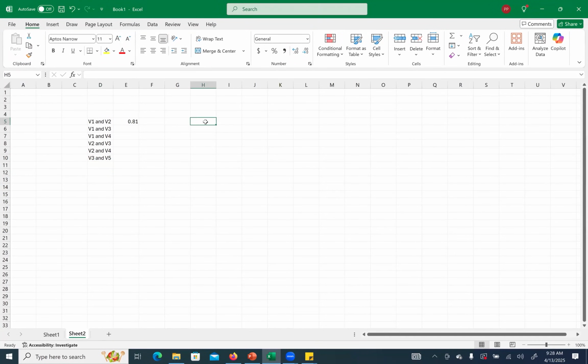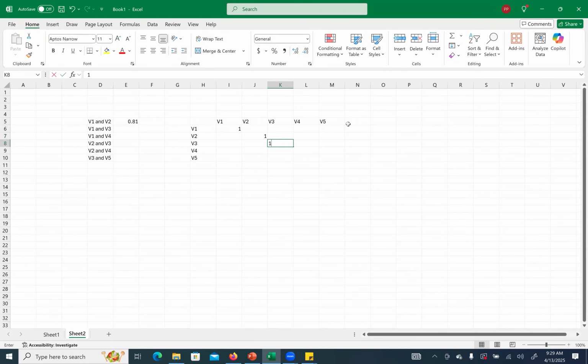So instead of that, what we do is we create a matrix. Let's say v1 here, v2 here, v3 here, right? Similarly, I will have them here, and then I will just have the correlation values inside.